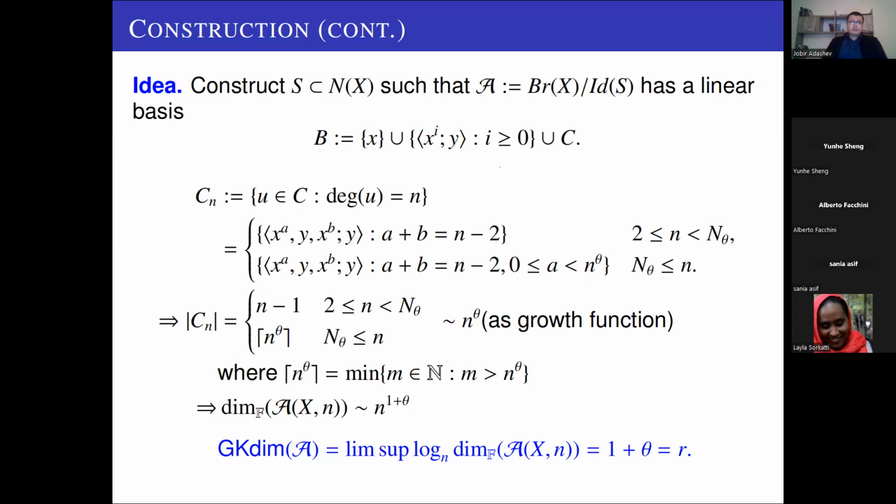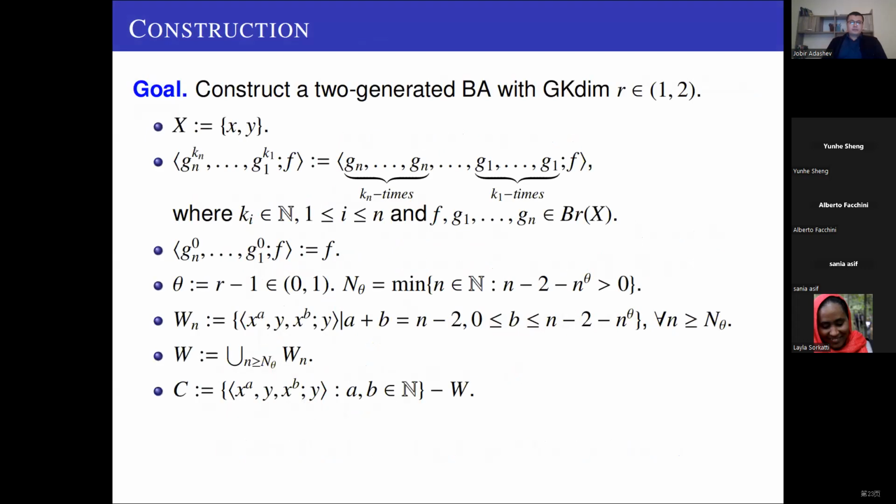If n is small, there is little restriction. We just have this kind of words. If n is big, greater than or equal to n_theta, then we have a restriction on b.